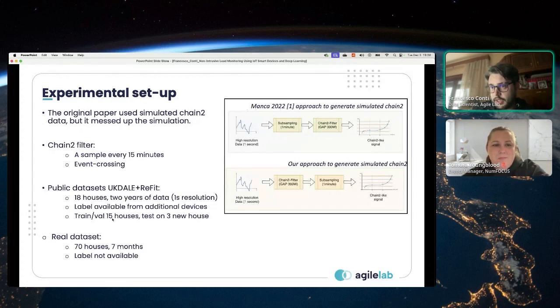And then we used 3 completely new houses for testing with the same period, but 3 new houses.